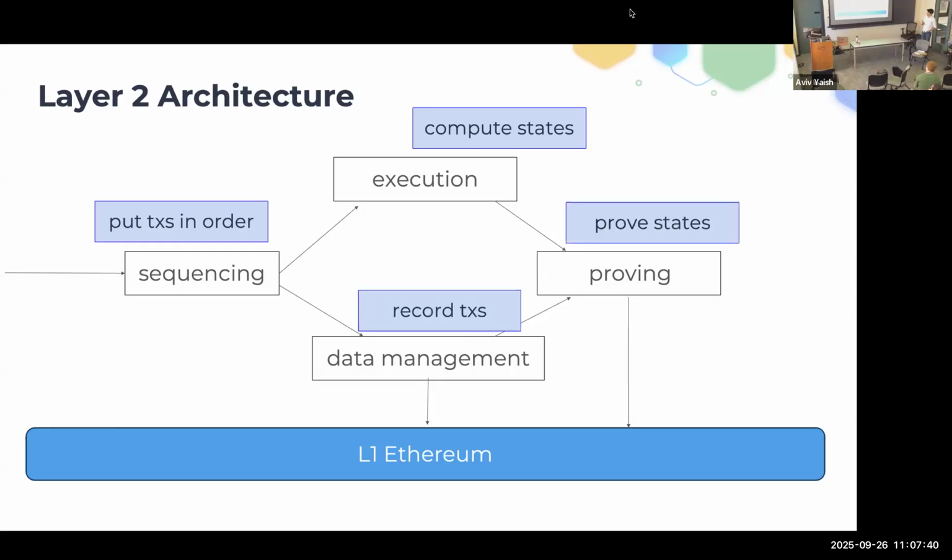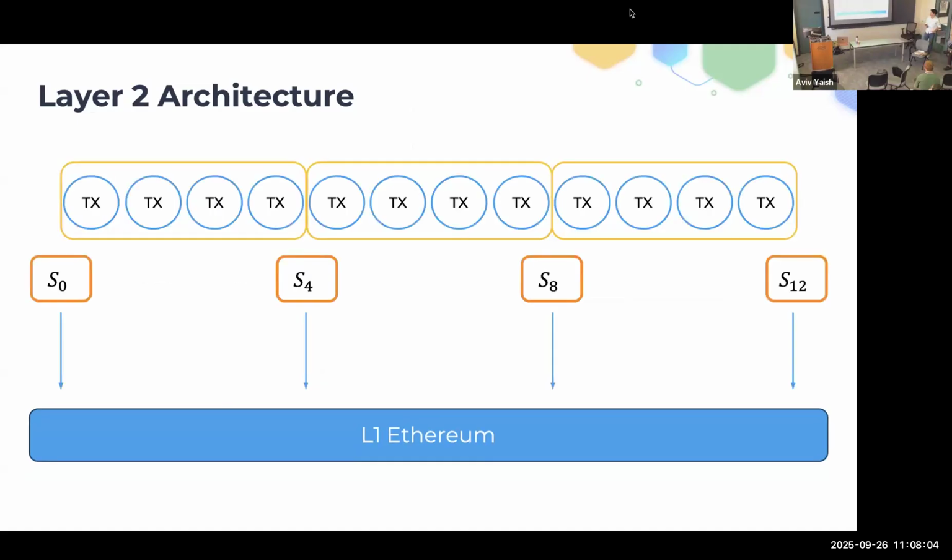And the final component is the proving, whose job is to prove the result of the execution engine to Ethereum without Ethereum doing the execution by itself. This design allows us to scale Ethereum by offloading the expensive computation off-chain and just using Ethereum to verify that the computation proceeded correctly.